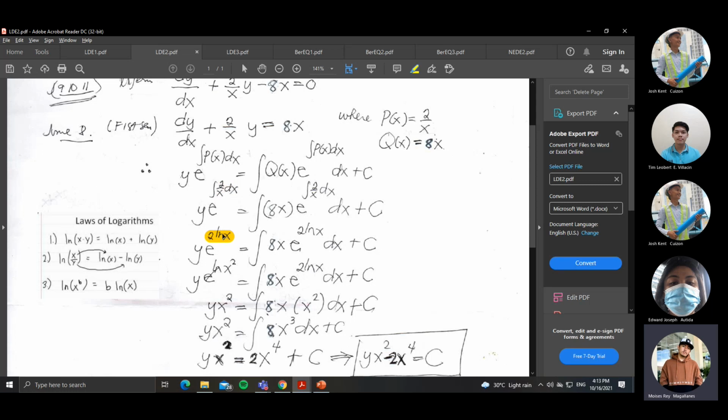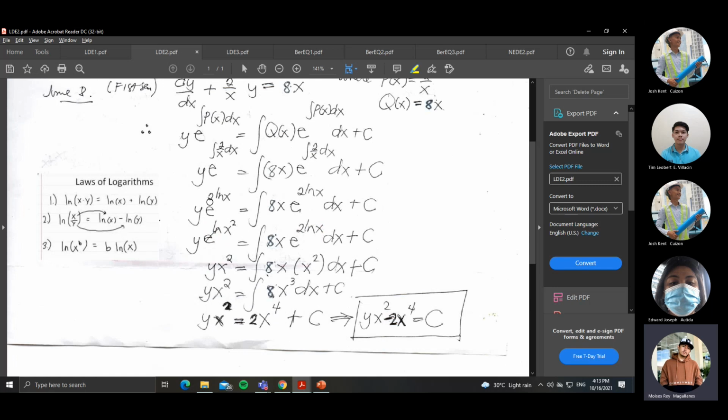Whatever your answer is here, it is the same there. On the left side we see the laws of logarithms: the coefficient of ln is also equal to the power of our variable x. So this can be moved here as a power of x in order to cancel out the e and ln.